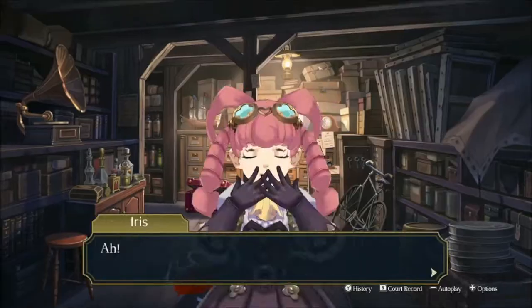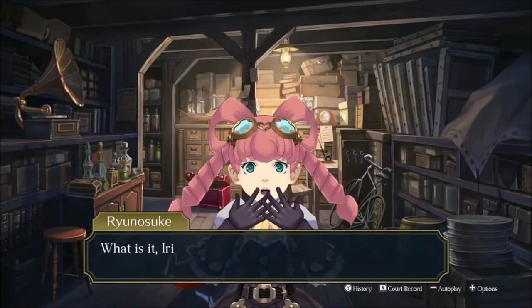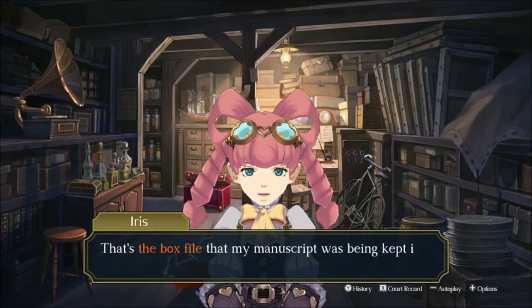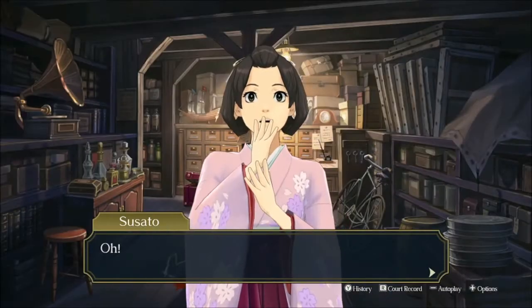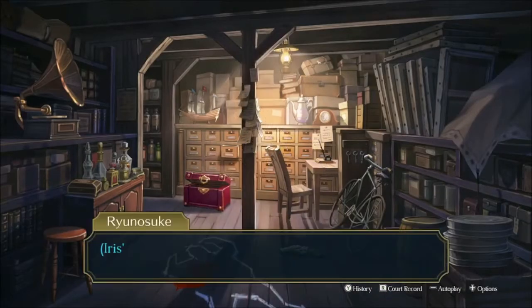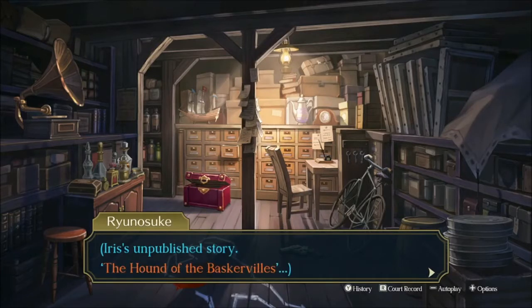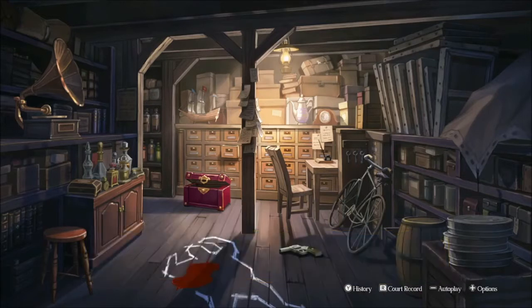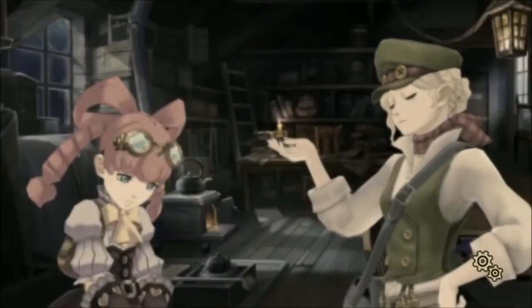And somebody looked inside that thing. Ooh, yeah. So this is the box with the Sherlock Holmes story. Did somebody break into this area just to steal the story?